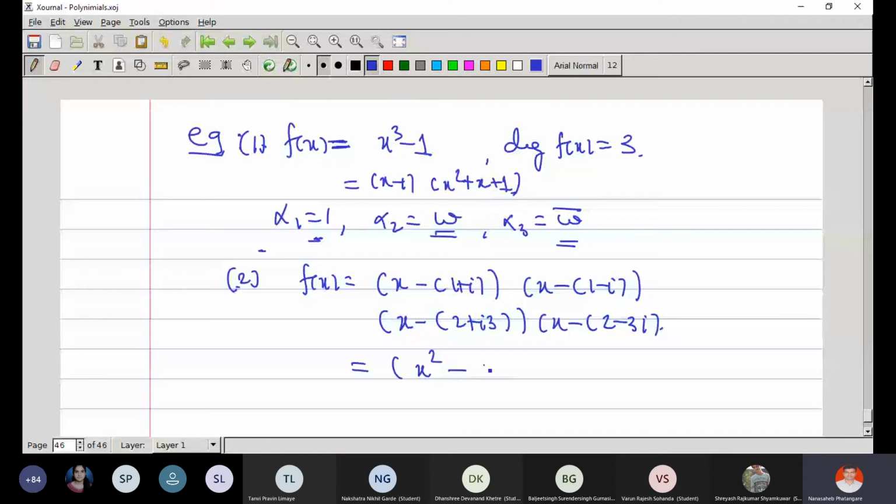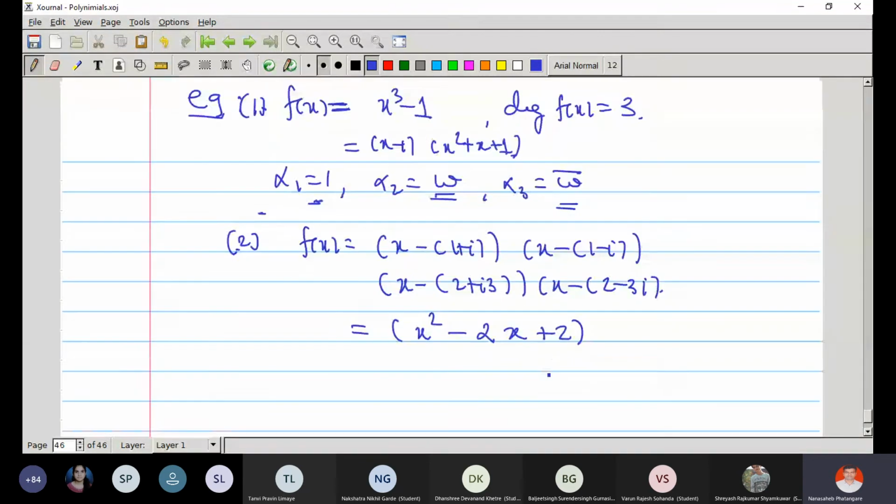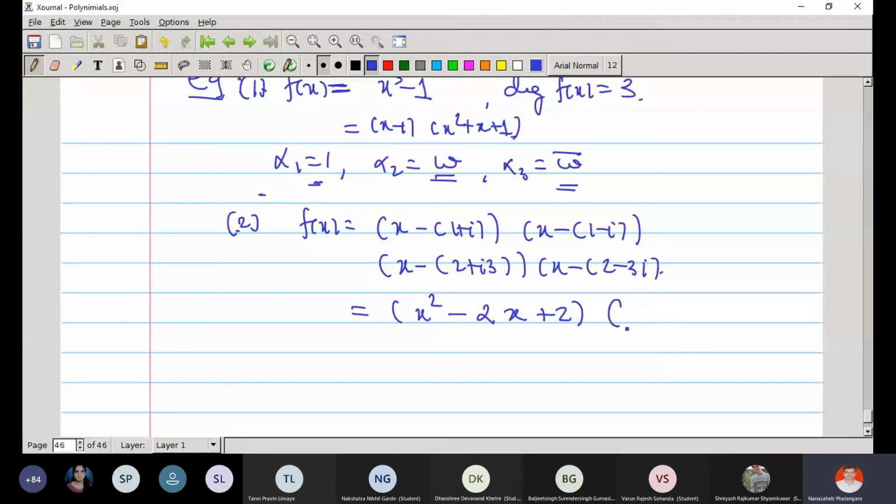You check this: 1 square plus 1 square. This is one factor. What is another factor? x square minus 4x, and then 4 plus 9 is 13. Is it correct? You multiply this, you will get x raised to 4 and something. So it is a degree 4 polynomial. Correct?